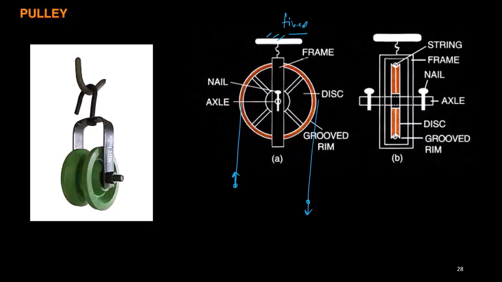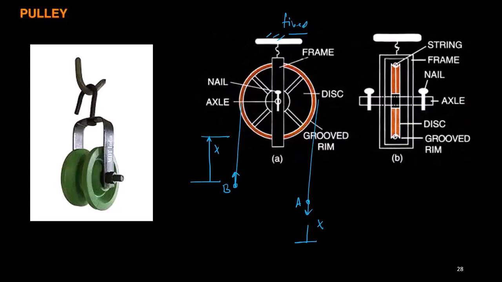A free pulley means the pulley can move. A fixed pulley means the pulley is not moving. So if I pull point A by a distance of x, then the end B will also be lifted by the same distance x. So it is true for the fixed pulley.